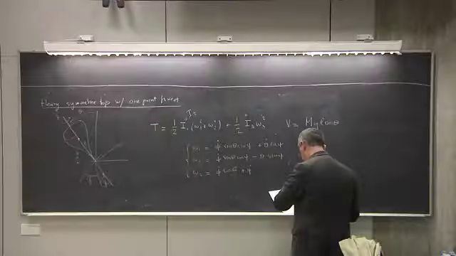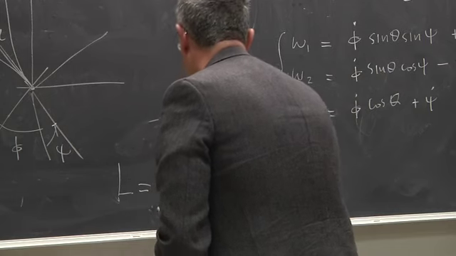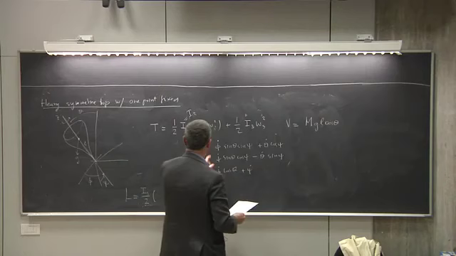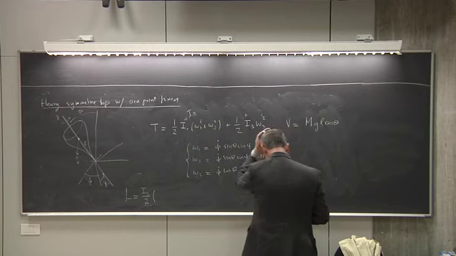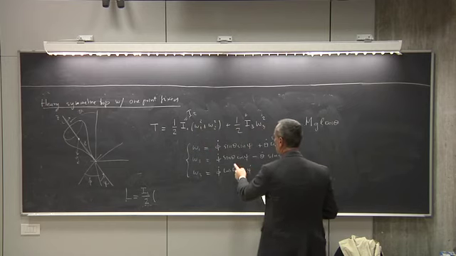So now, let me write the Lagrangian, then I stop. It is T minus V, right? So all you need is to square these quantities and put it there. And you see that, let's consider the first. So I have I1 divided by 2. Then I have to take the square of these two. But you see that there is some simplification, because when you square this, first of all, you see there is some cancellation.